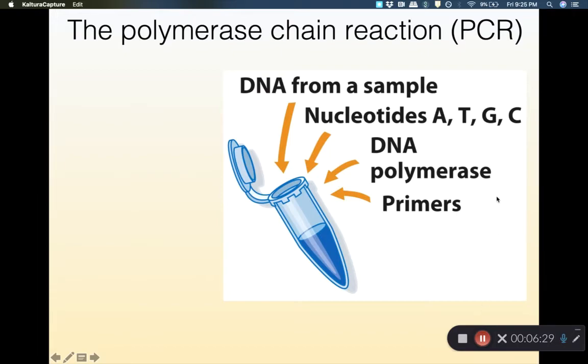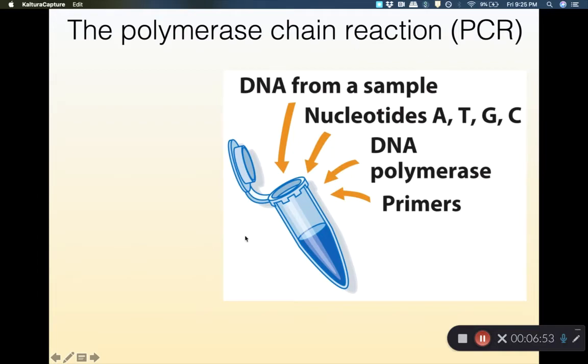So how can we take advantage of this DNA replication strategy and actually use it in a laboratory context? I'm going to be talking about probably the most important biological bench science, the polymerase chain reaction, or PCR.